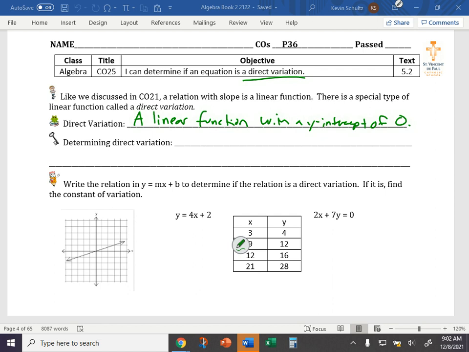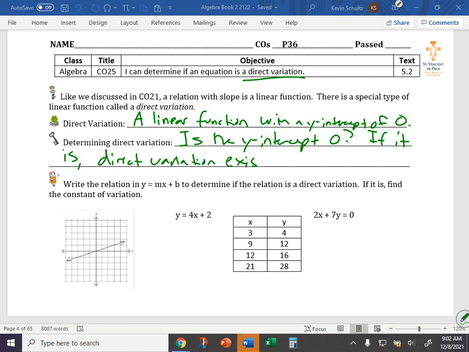So determining direct variation, basically we need to decide whether it's a graph or an equation or a table, is the y-intercept 0? Okay, is the y-intercept 0? If it is, direct variation exists.